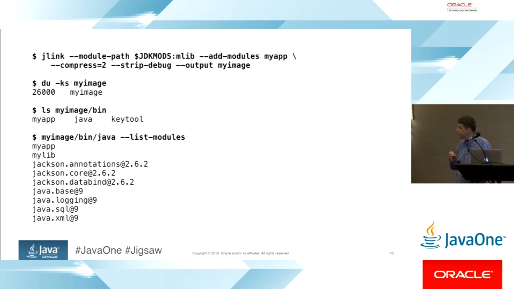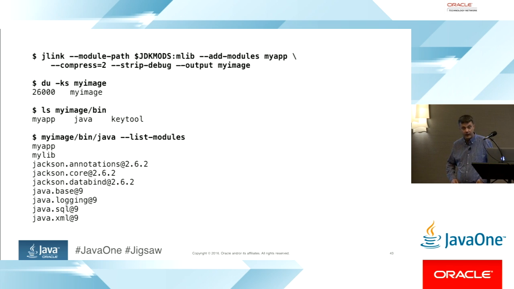And what I ended up with is a runtime image that is, in this case, just about 25.5 megabytes. If I look in the bin directory, I see in there only a small set of tools. The Java launcher, and I see something for my app that has been generated by the linker.